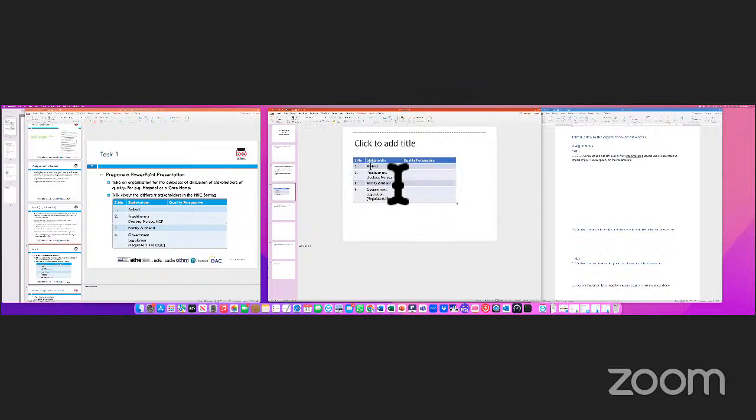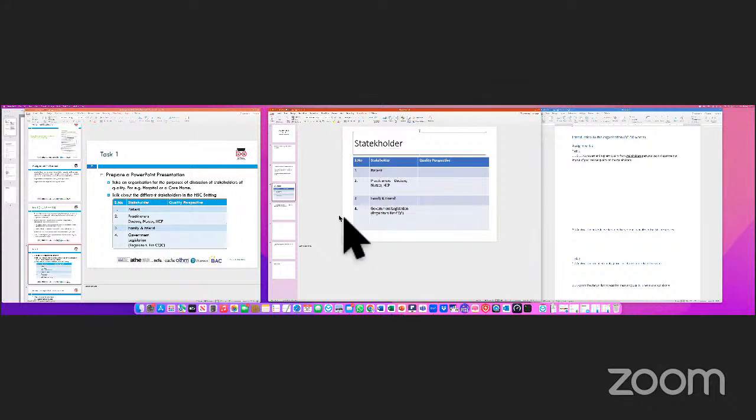I would use this table to briefly discuss the quality perspective from a patient's point of view, from practitioners' point of view, family and friends, and obviously from a regulatory point of view. These are the stakeholders involved, and they have a say in how quality is managed within the organization.